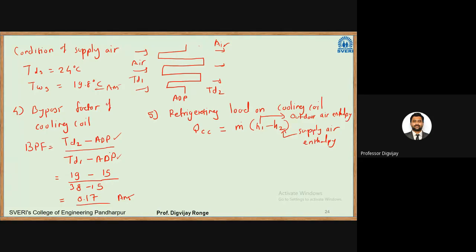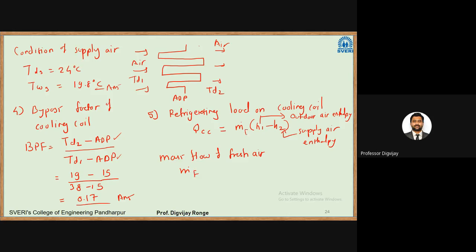So how do we calculate the mass flow rate of fresh air? You can calculate it from the ventilation requirements as stated in the ASHRAE 62.1 standard, or you can calculate it directly here.